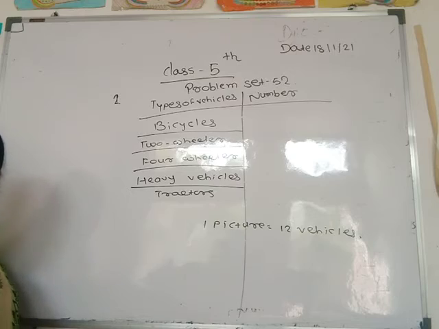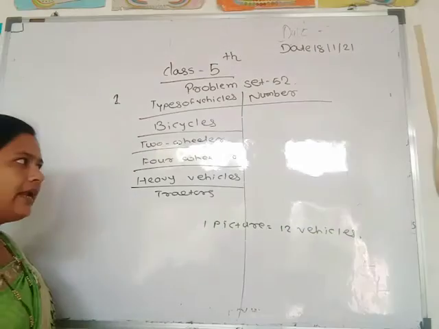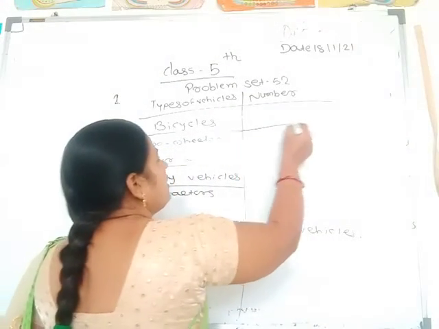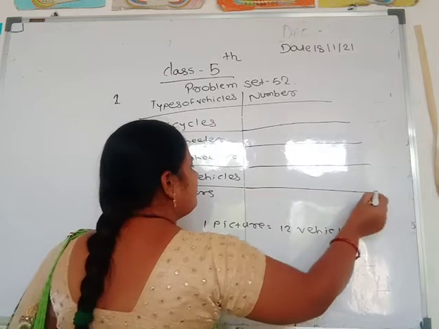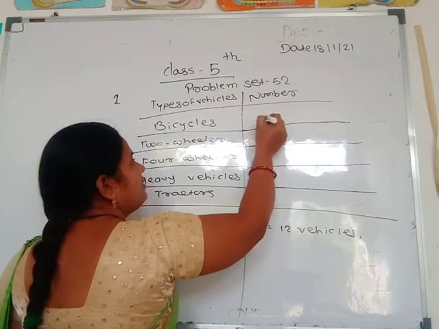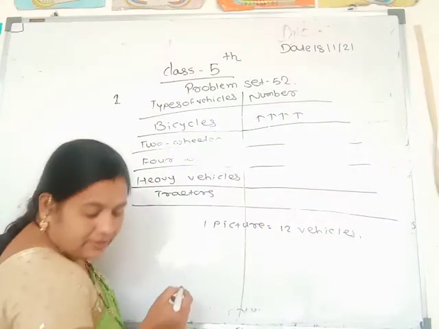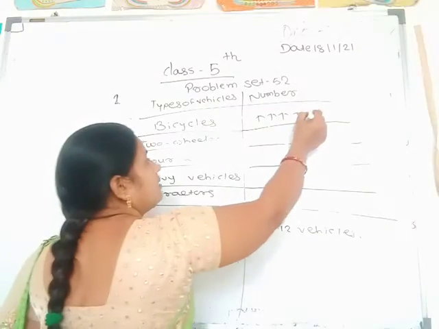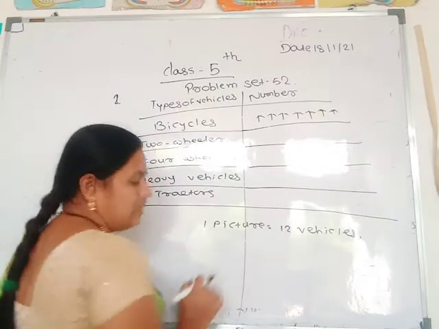Then bicycles, here the number is 84. 84 means 12 sevens are 84. Then you draw any one figure of bicycles here. Then 7 pictures, the same picture you draw here, 3, 4, 5, 6, 7.